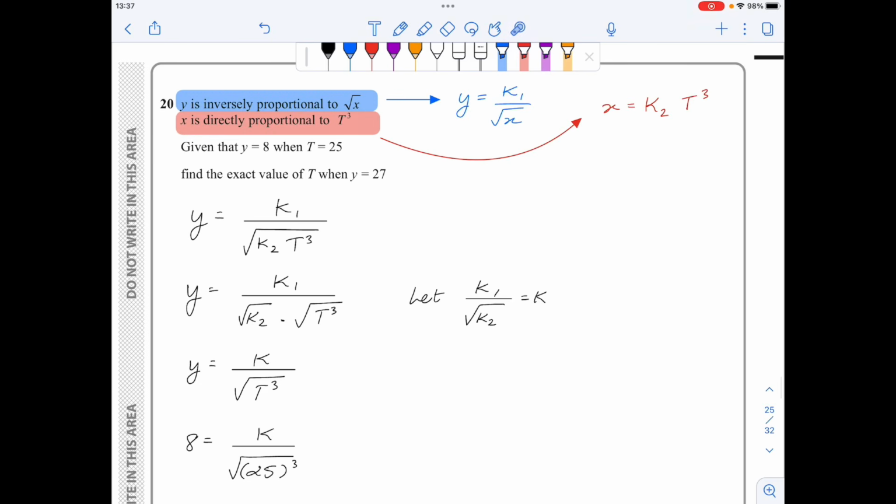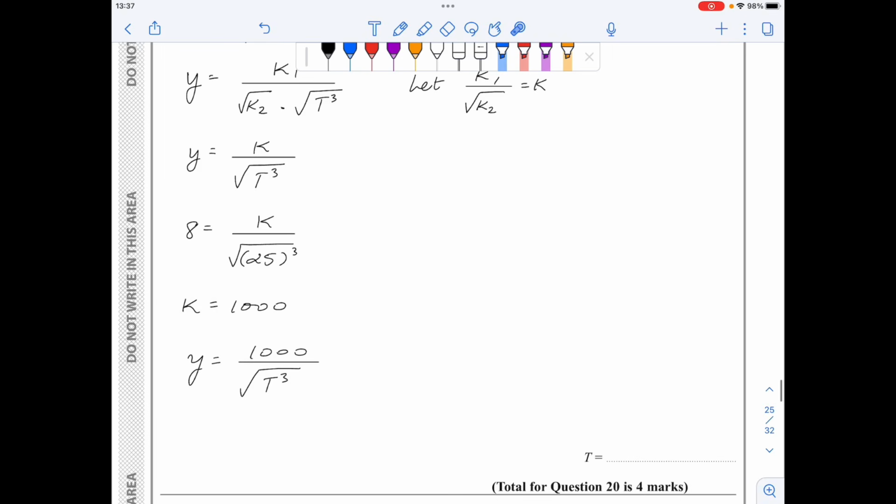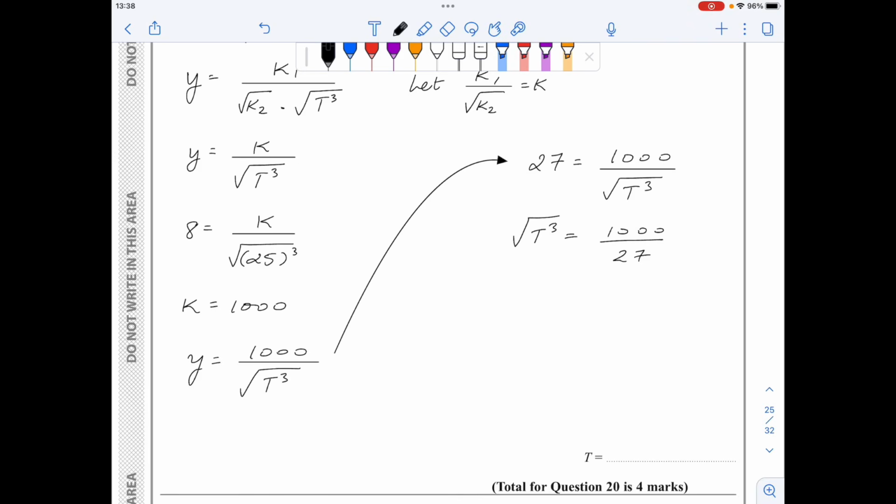In order to find t when y is 27, I will just replace y with 27 and solve for t. So 27 equals 1000 over the square root of t to the power of 3. Let's cross multiply. Square root of t to the power of 3 equals 1000 over 27.